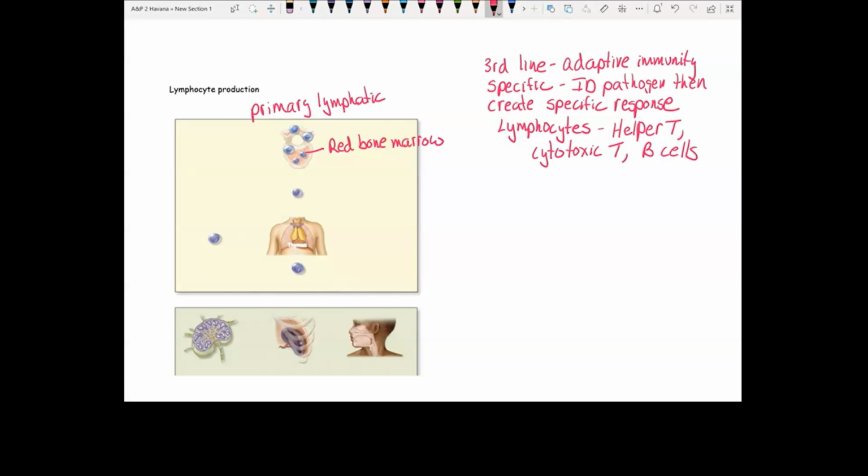It makes all 3 lymphocytes, the helper T, cytotoxic T, and B. So all lymphocytes come from the red bone marrow. But once a lymphocyte is made, it next has to be matured. The B cells are called B because they stay in the bone marrow, so B for bone, and that's where they mature. So B cells mature in the bone marrow.